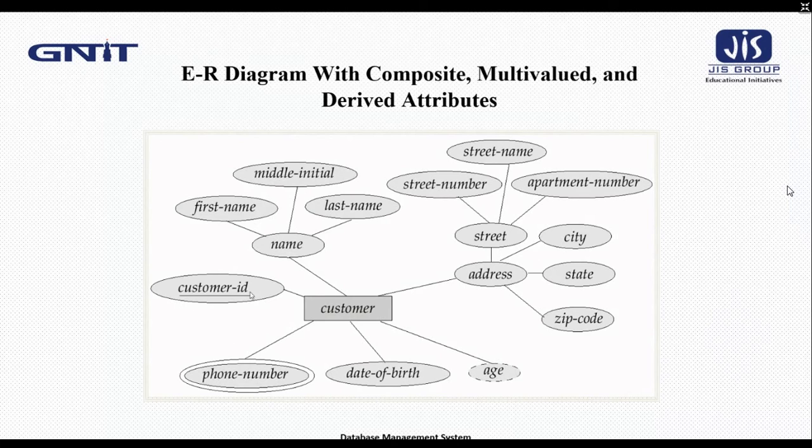And see here, one underline is given. So the key attributes are denoted in the ER diagram by giving an underline with them. Okay. So that is the notation for the entities and attributes.